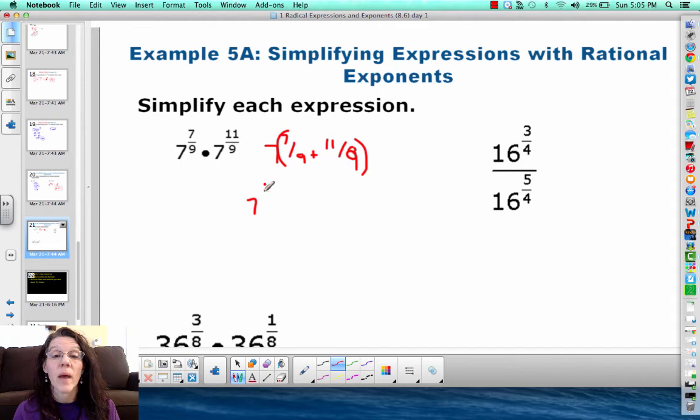Remember, that's what it's called when we add fractions. Seven plus 11 is 18, so 18 ninths.